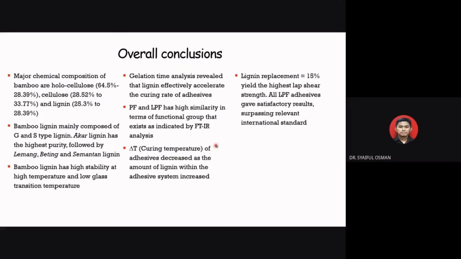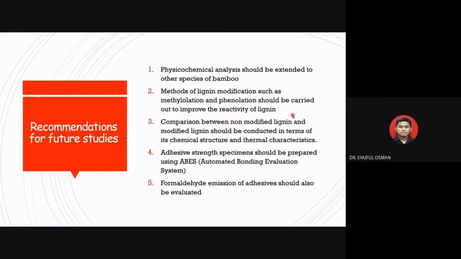The curing temperature of the adhesive, as we can see from the result beforehand, decreases as the amount of lignin within the system increases, and the lignin replacement at 15% gives us the highest lap shear strength. All the LPF adhesives gave a satisfactory result surpassing the relevant international standard.